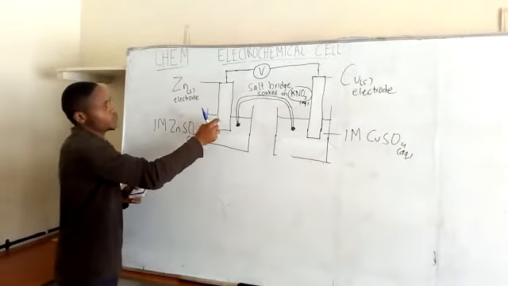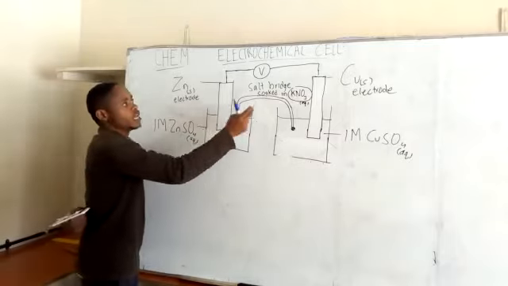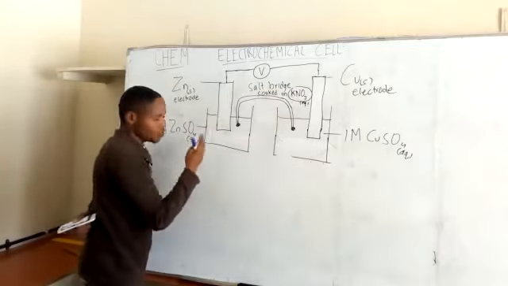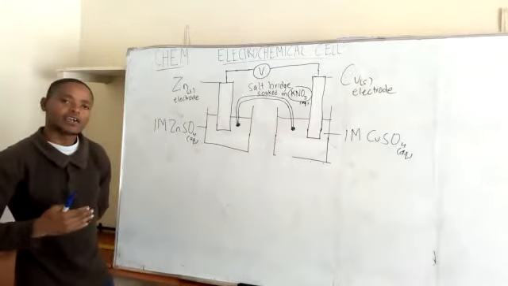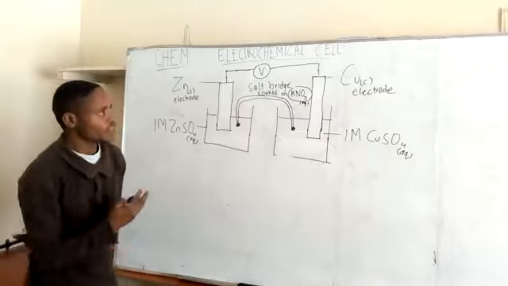So we're going to start with the zinc. Between our two electrodes here, we know that zinc has a higher tendency to ionize. It is more reactive than the copper.